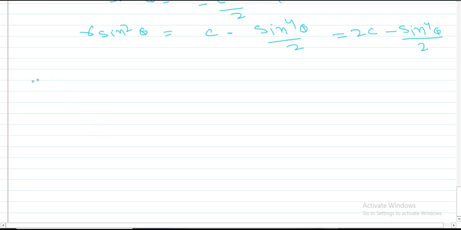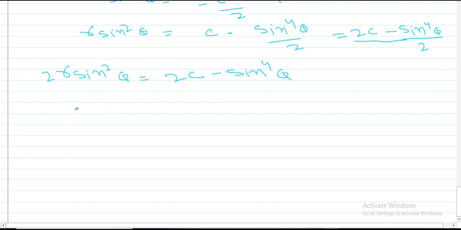Now we can write it as r sin square theta equal to, this is 4 divided by 2, this is 2c minus sin power 4 theta, right?